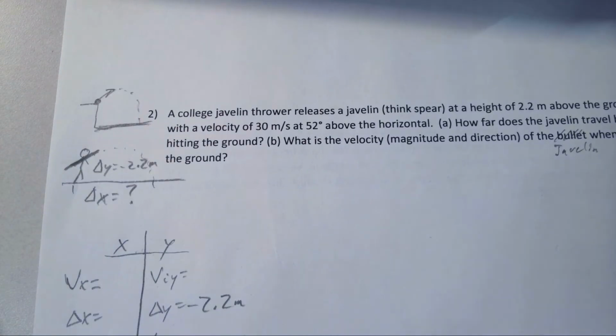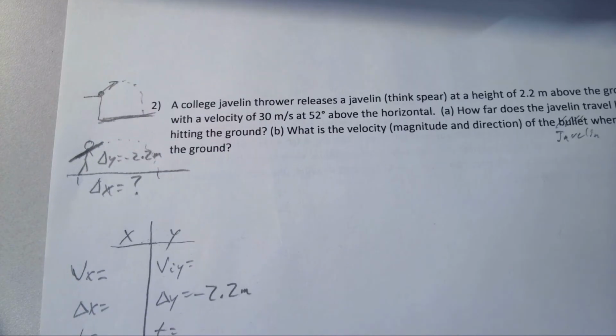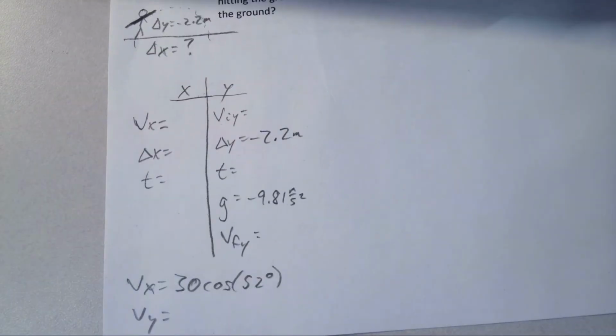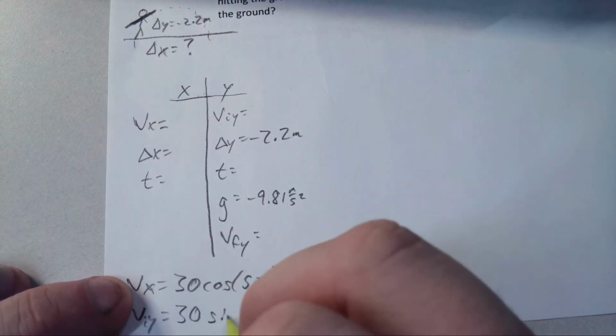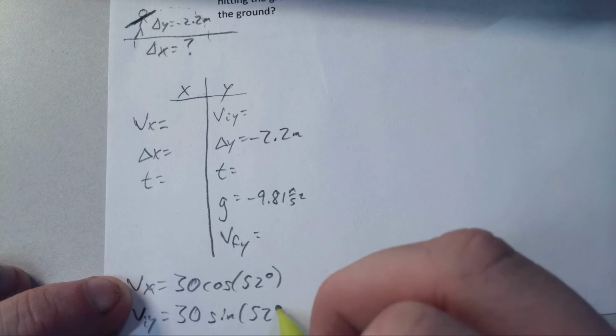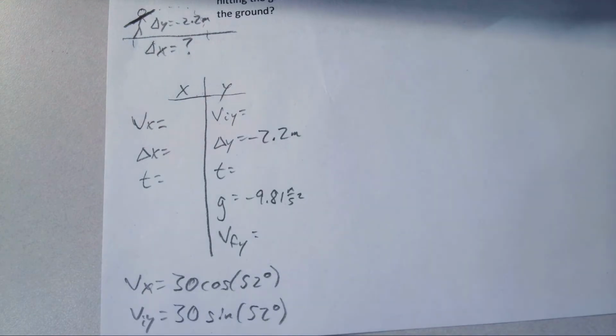Okay, so the speed is 30. Vx is 30 cosine 52. VIY is 30 sine of 52. Oh, my calculator went out. That's right, I forgot to get my batteries.